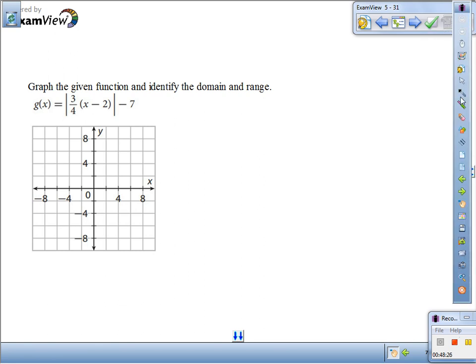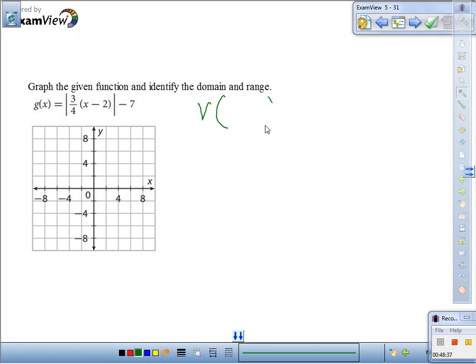And I'm going to have someone help me find the vertex. How about Jalen? What's the vertex? 2, -7. Hands if you got that. That is correct.